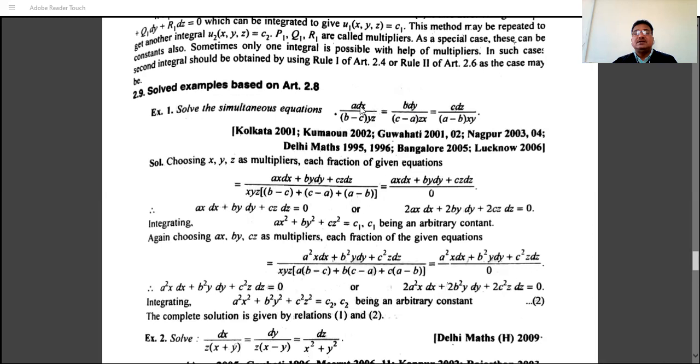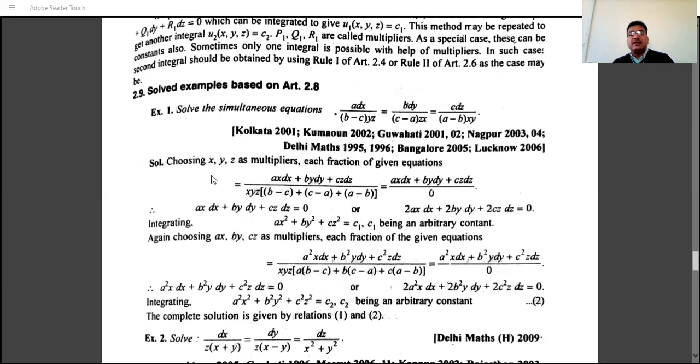Divided by, multiply by x, what do we have? b minus c x y z, then plus c minus a x y z, and plus a minus b x y z. So if we take x y z as common, then we have b minus c plus c minus a plus a minus b, and it is equal to 0.